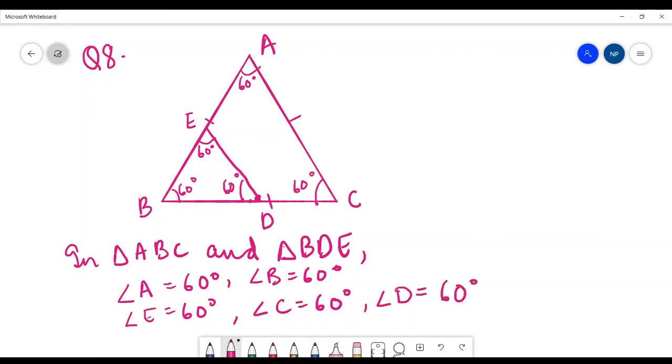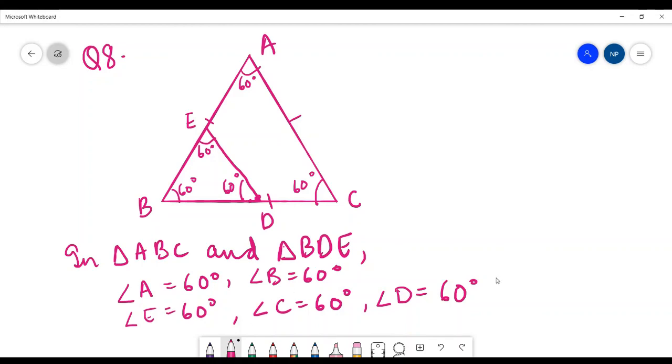Therefore, if you compare the three angles, children, in these two triangles, we can see that angle A is 60 degrees. This can correspond with angle E. Okay, BED. Angle B is common in both the triangles, and angle D is equal to angle C, that is 60 degrees.